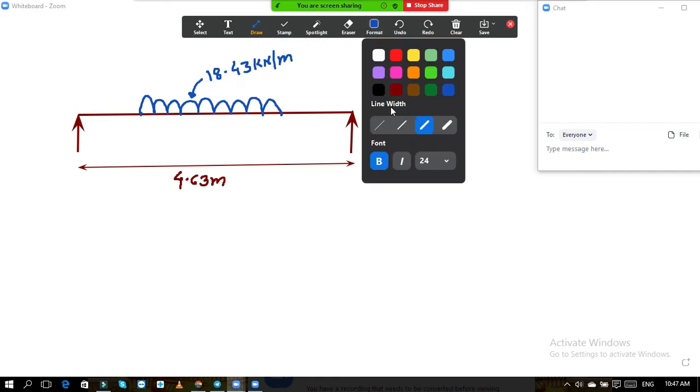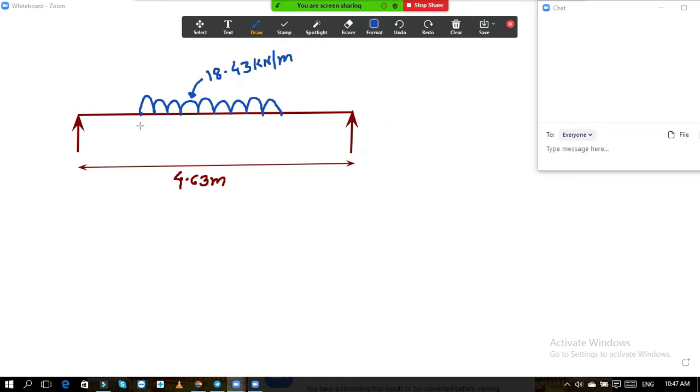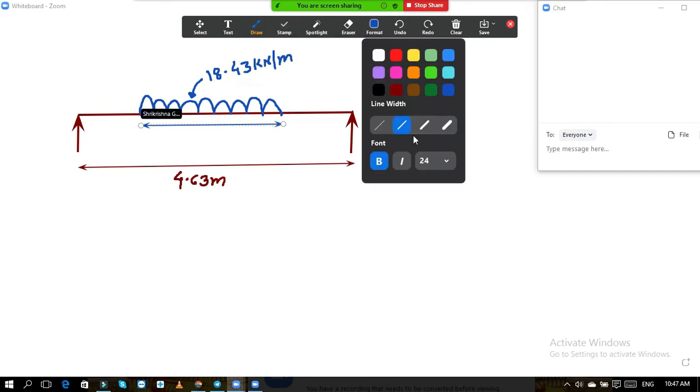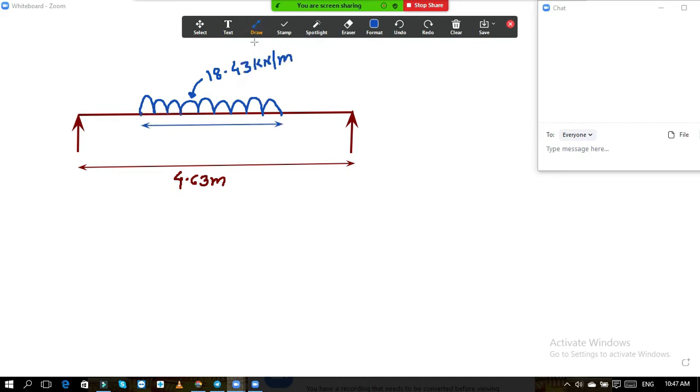And then on the remaining length, the span of this length, from this point up to this point, it is 2 meter. Now on the remaining length, here also the UDL is acting, but the magnitude is different, so I am showing it with a different color.